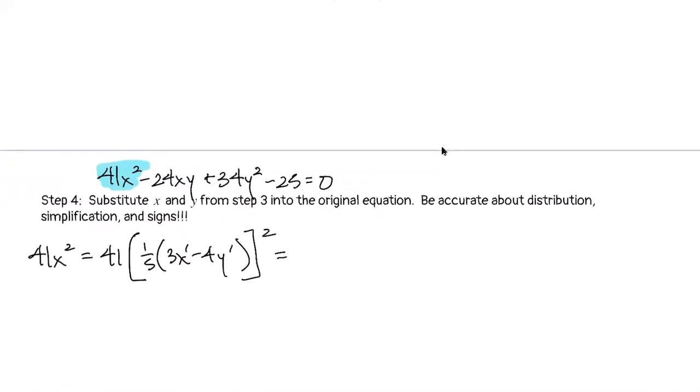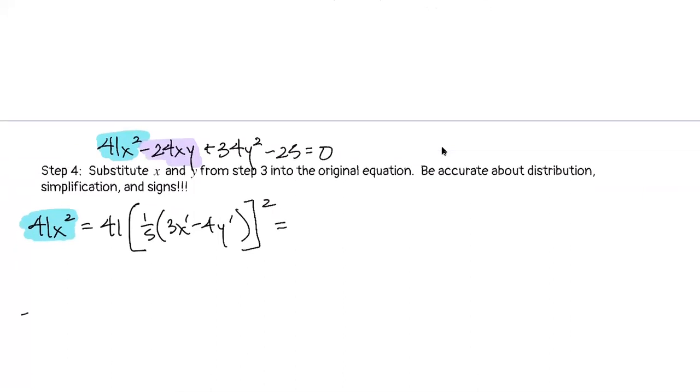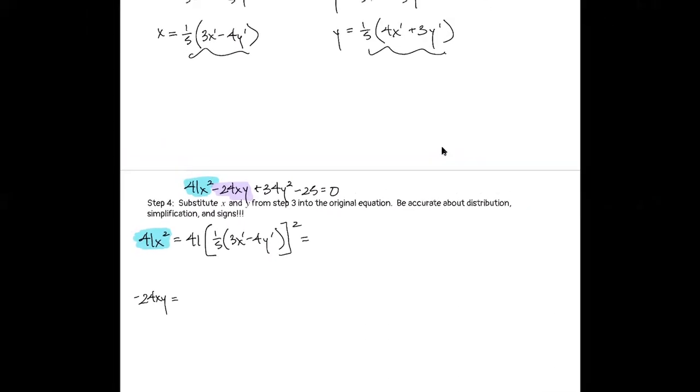The next line, I put the next term. So here's my 41x squared, I leave myself enough space, and then the next line, I'm going to put negative 24xy. I'm going to substitute in the x and the y and keep that negative 24.